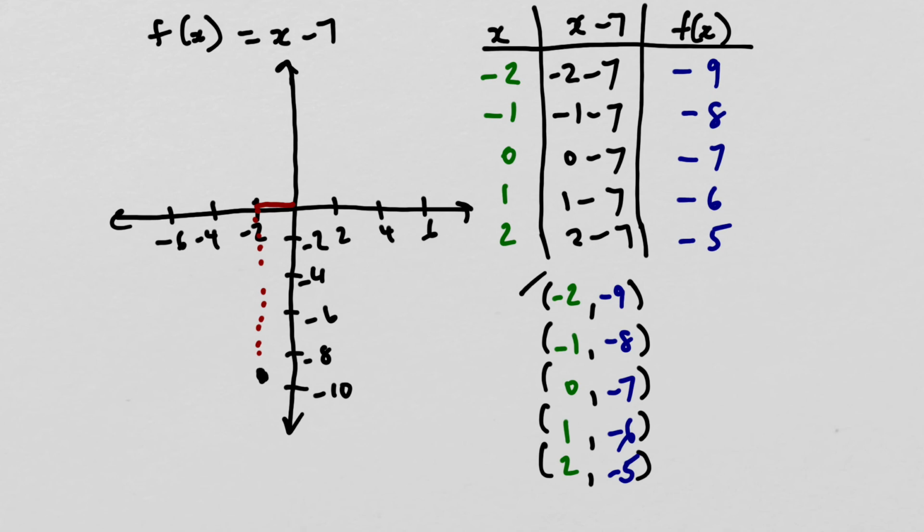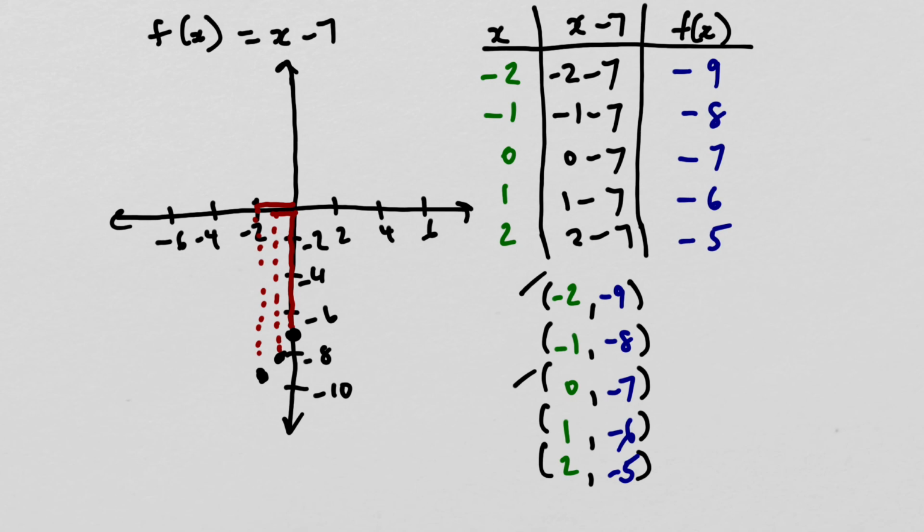Then the next point, we're going to go to -1 on the x, and we're going to go down to -8 on the y. That's right there, so we'll put a point there. The next point is 0, -7. We're at 0 on the x, so we don't need to move, and then we just go all the way down to -7 on the axis and put a dot right there.